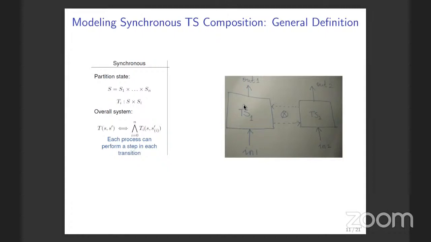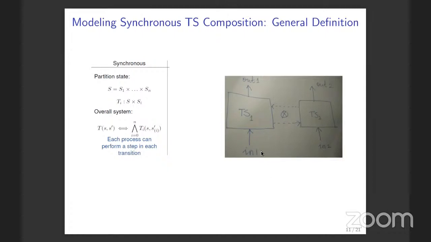So there are two transition systems, as I've shown on the right side, TS1 and TS2. Each has some inputs which are coming from the other, and there could be some environment inputs that are actually coming from the environment.